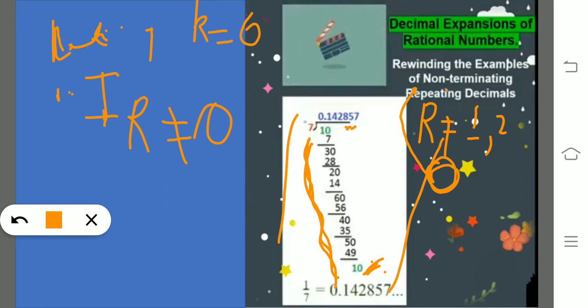The answer came as 0.142857. This is not the complete answer, you will also write it with a bar. You will put the bar because the bar is really important.